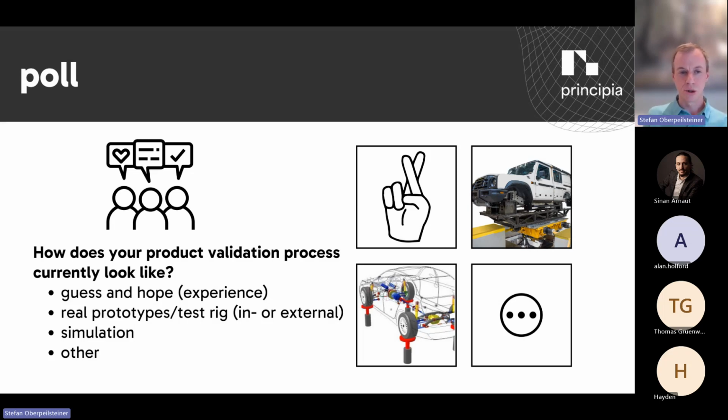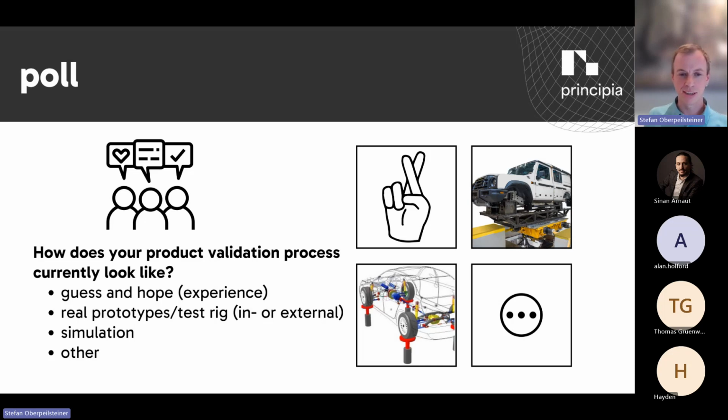Is it guess and hope, just like I did in this race car example? Or is it with real prototypes and a test rig? Prior to going directly to our first race, it would have been a great thing to have our car on the test rig. The third option is simulation, or do you have any other idea?